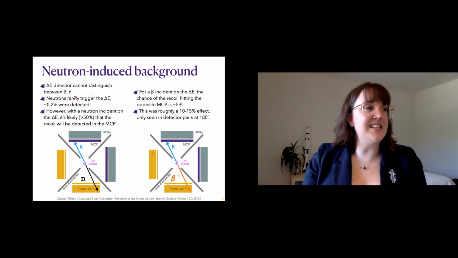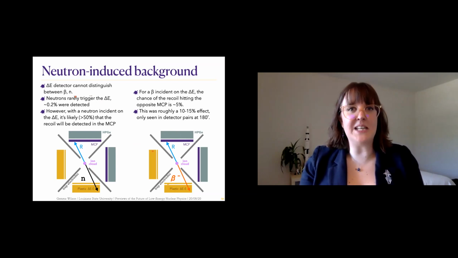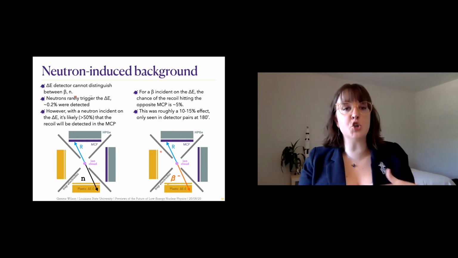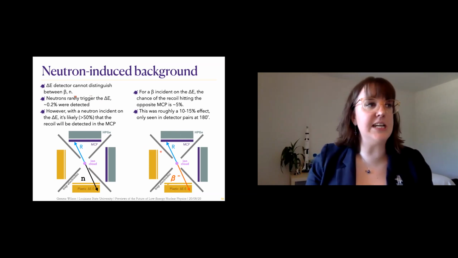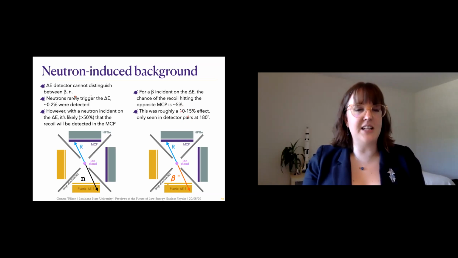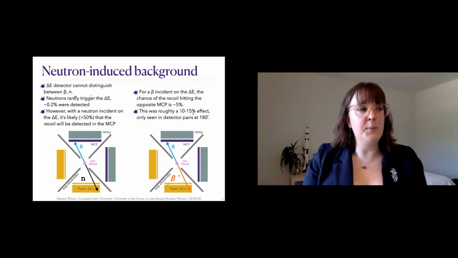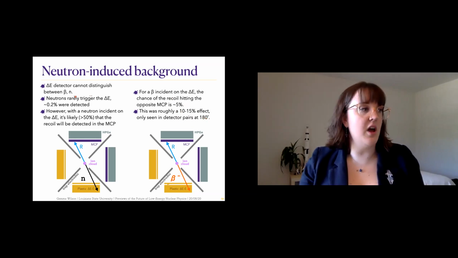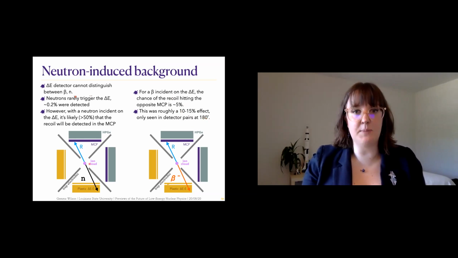So having this extra trigger on the MCP, after a neutron-ion coincidence at 180 degrees, it introduces a 10 to 15% background effect. But this is only seen in detector pairs at 180 degrees, because the neutron and the recoiling ion are emitted back to back.